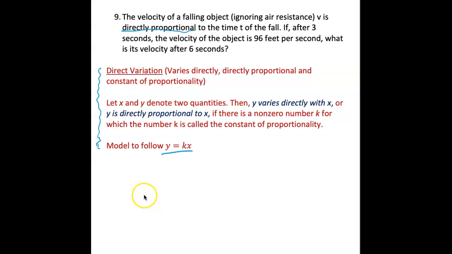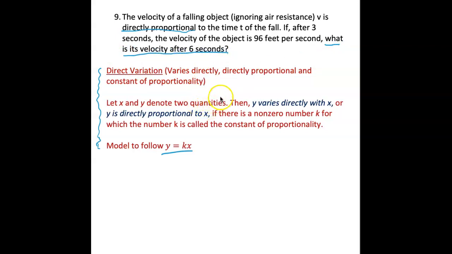Once you have written your model, then you're going to be able to solve for the question that the problem is asking you. In this case, what is the velocity after 6 seconds.